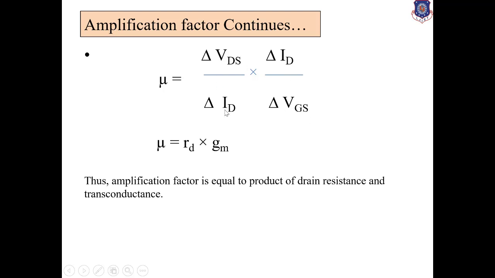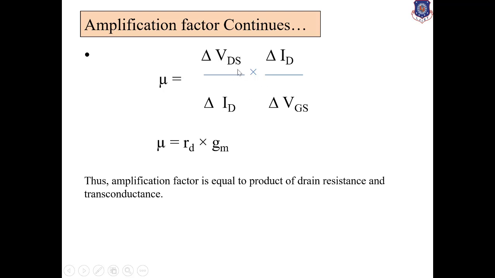So V by I is RD, and I by V is GM. If we take the multiplication of these two previous definitions, drain resistance into transconductance, then you can easily cancel the ID, right? One in the numerator and another in the denominator.